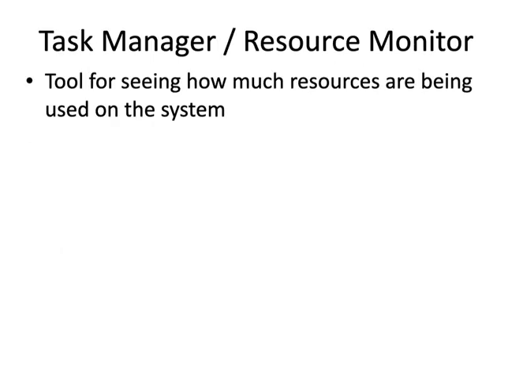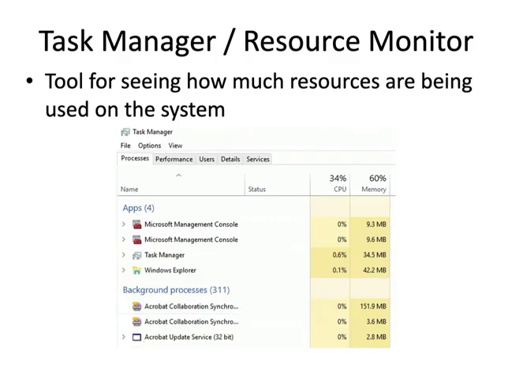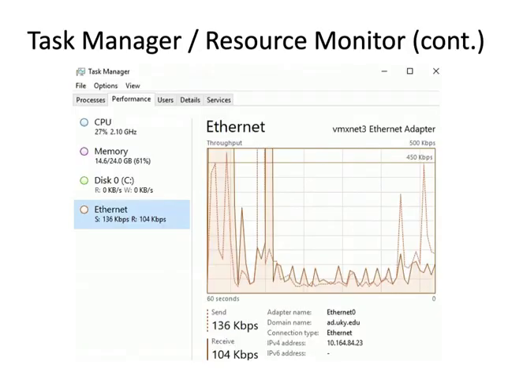Task Manager for Windows machines allows you to look at a lot of different resources that are being used on the system. Here we are looking at CPU and memory usage of the processes. That is something that might be handy to know if we're investigating a potential breach.